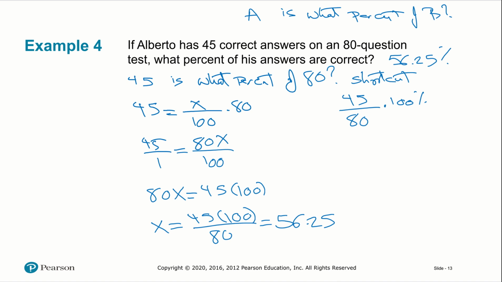So all you do is you figure out what decimal part of the second number is the first number by just dividing, and then you multiply by 100% to make it a percent result. Okay, so of course we're going to get 56.25% once again. Okay, so there's that.